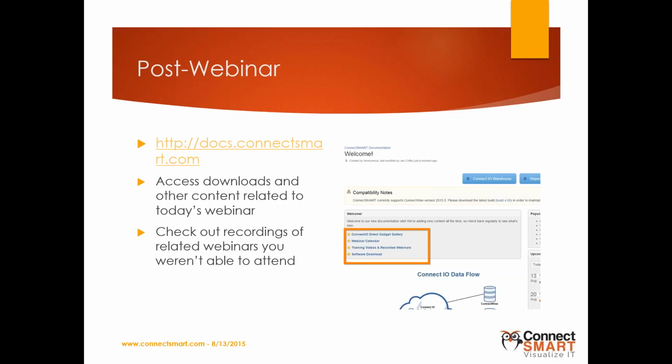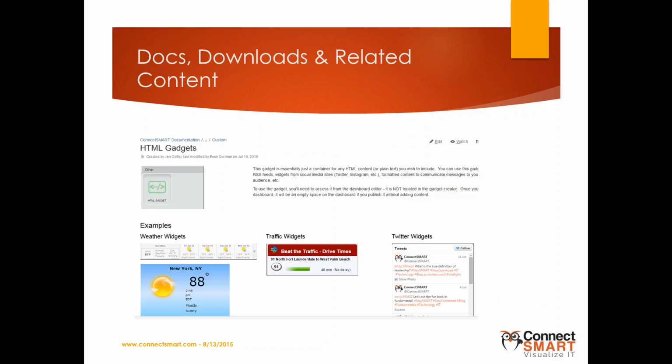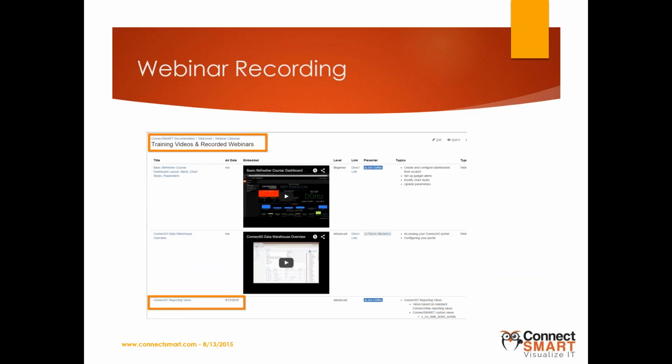That's where you'll find all that. The page itself will have the related content and the webinar recording. You can also access it from the video gallery, so you can quickly access all our videos that way as well.